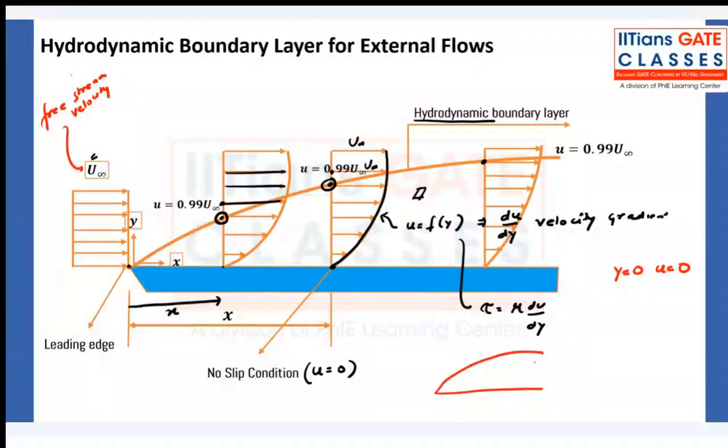In this region, we are observing a velocity gradient, but outside this region, velocity gradient is equal to 0. Because of the velocity gradient and viscosity, it is called the viscous region. That is also right. Chalo. Is this much clear or not?